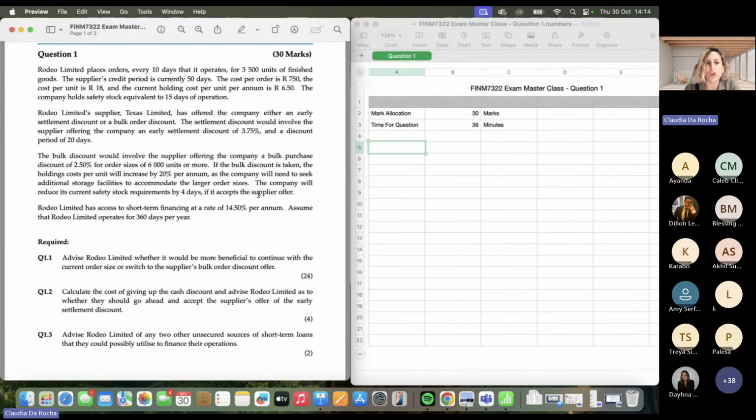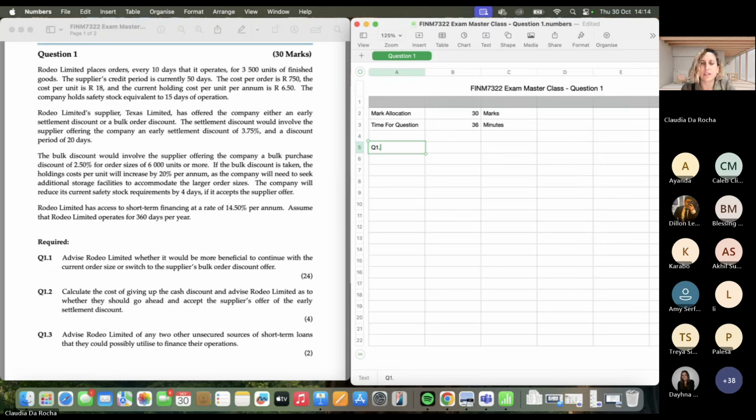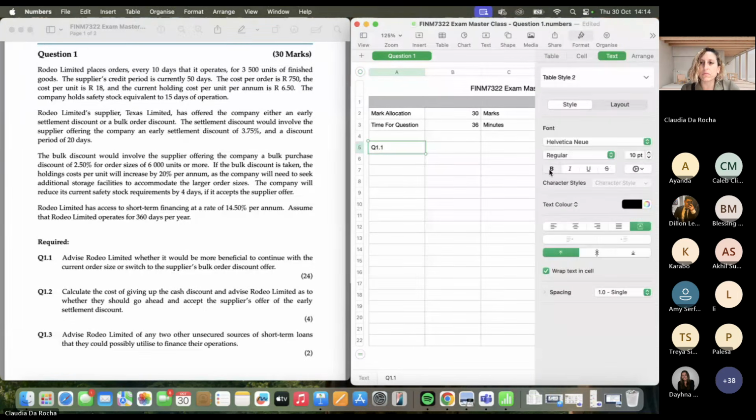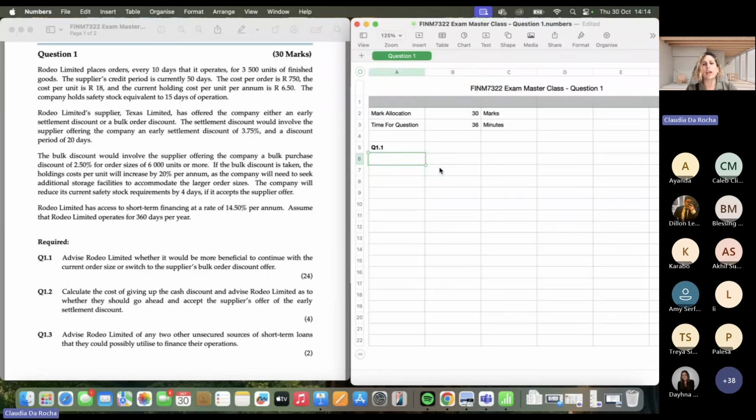Okay, so question 1.1, where we have to advise Rodeo Limited. What we are trying to look at is we are comparing the current policy for suppliers versus the proposed policy. When we're doing the current policy, we are factoring in, like I said, those three costs.